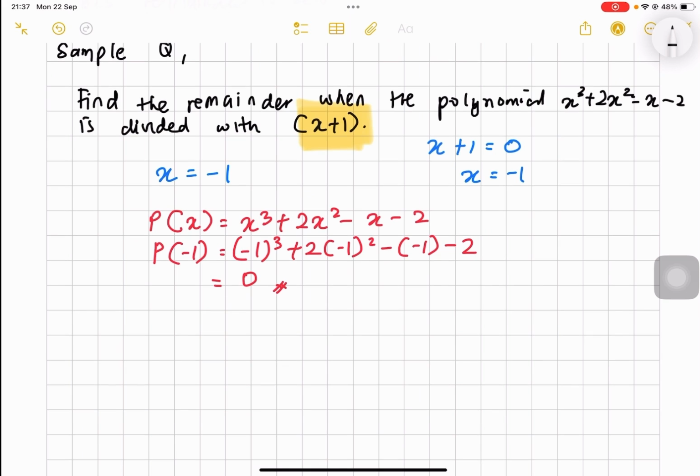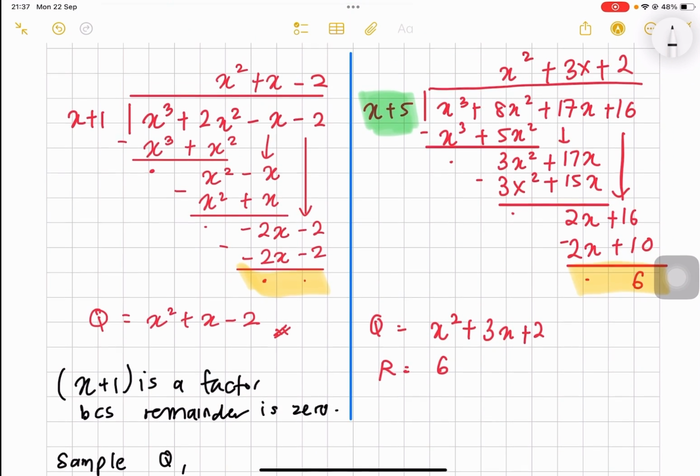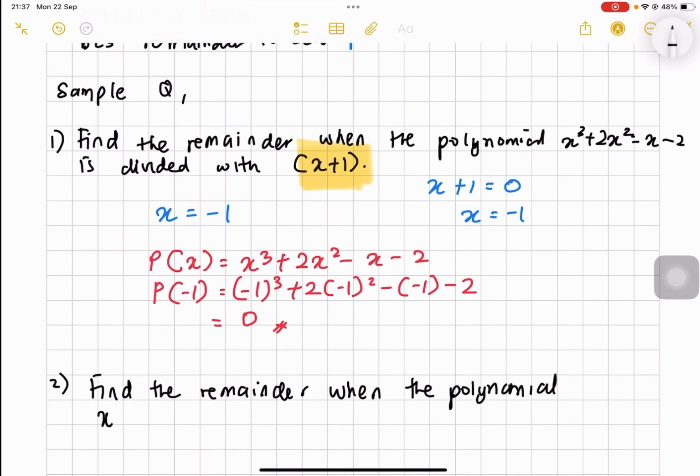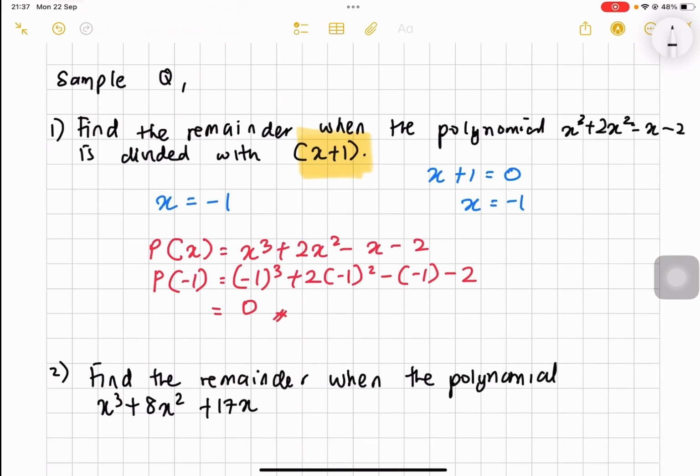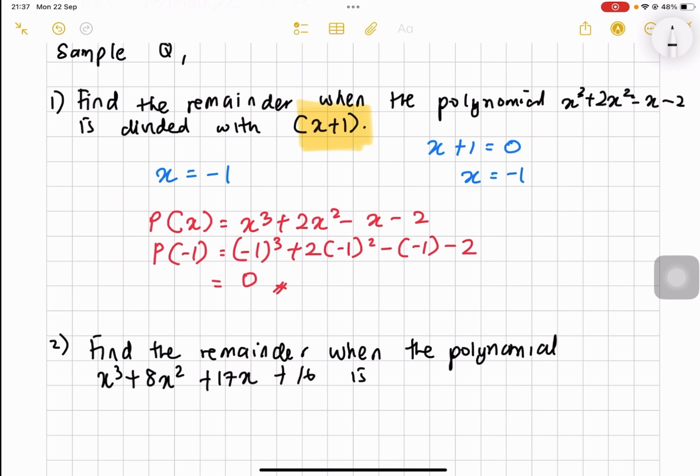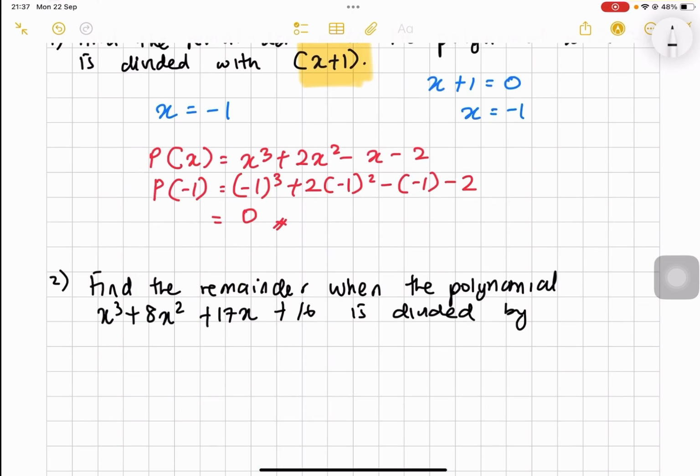Sample question number 2: find the remainder when the polynomial x cubed plus 8x squared plus 17x plus 16 is divided by x plus 5.